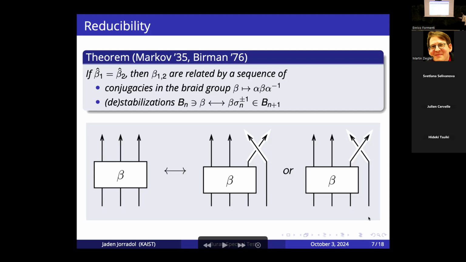And if you close up the strands together, you can see that you can remove the last strand out, and it's basically unlinked. So it makes the same knot and the same link. This is useful because if the braids are related like this, then they represent the same knot and same link, which can be used to categorize knots and links in knot theory.